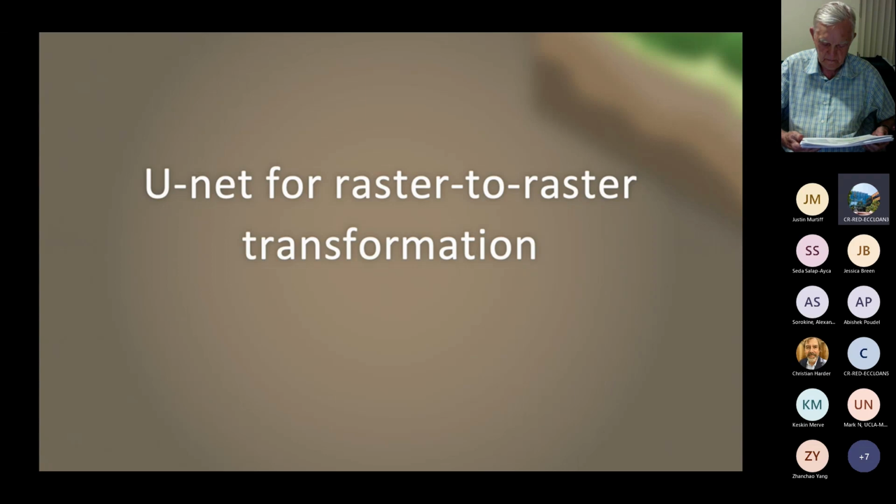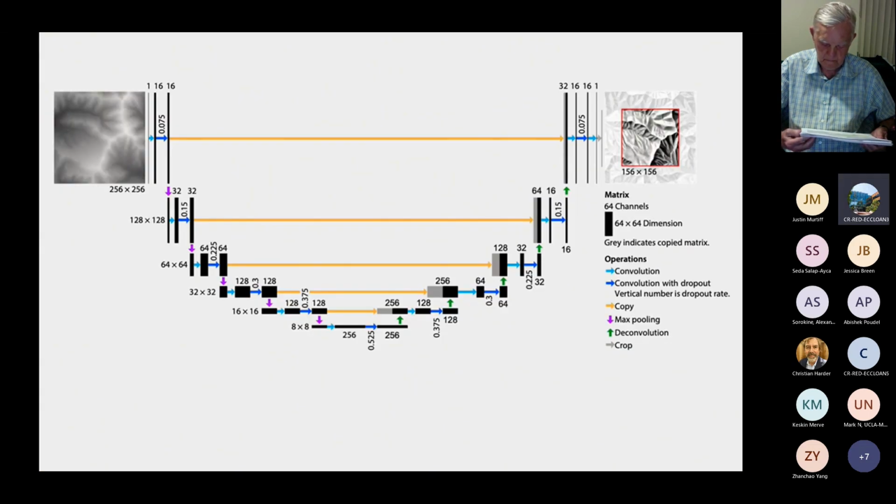And UNets, what they do is they transform raster to raster. So the raster can be images, elevation models, or just any other raster as input and also as output. This is a typical example of how a UNet looks.